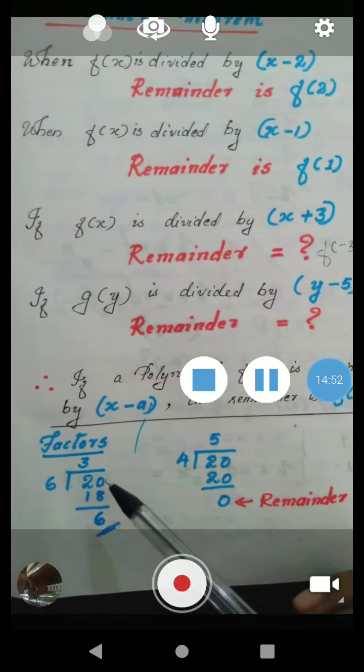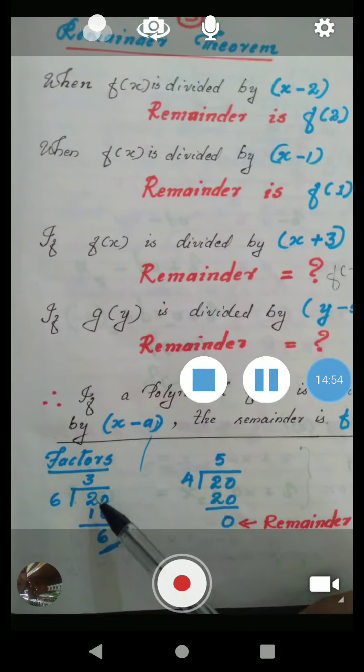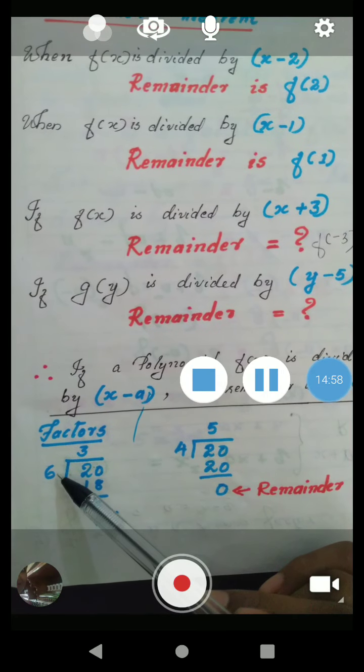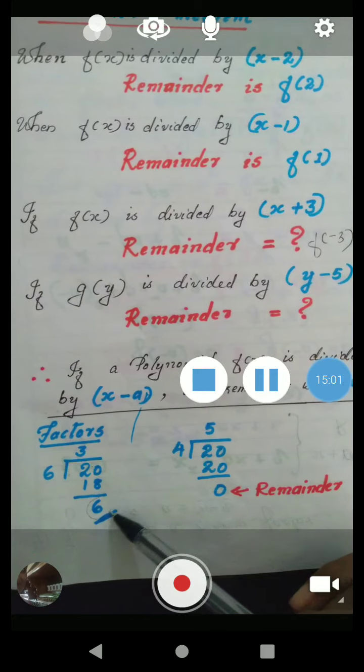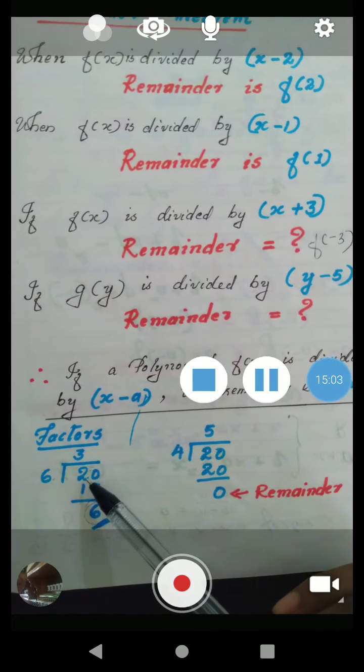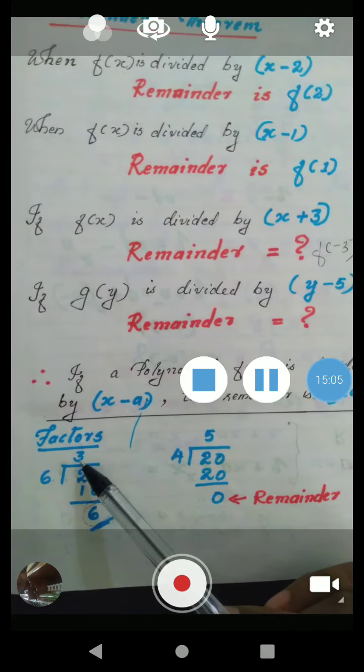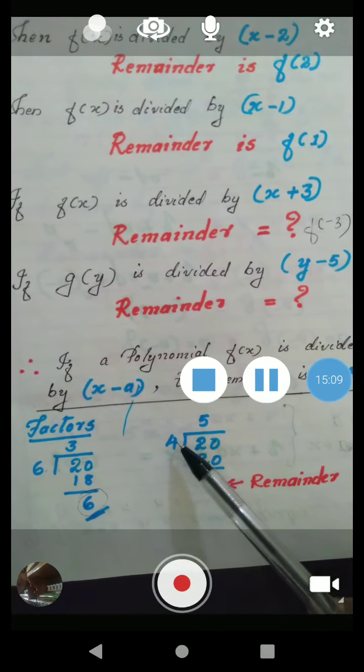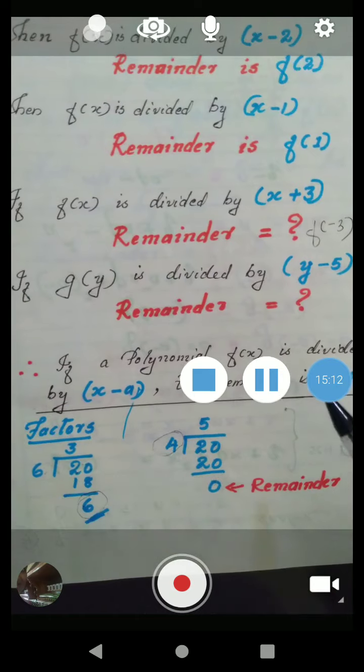Here suppose we are dividing 20 by 6. We get a remainder 2. Therefore, 6 is not a factor of 20. At the same time, 3 is not a factor of 20. But here 4 is a factor of 20.